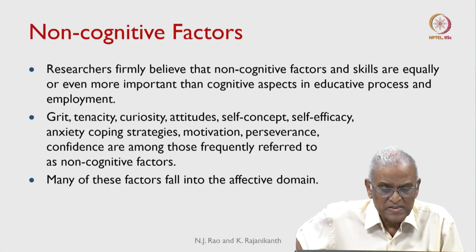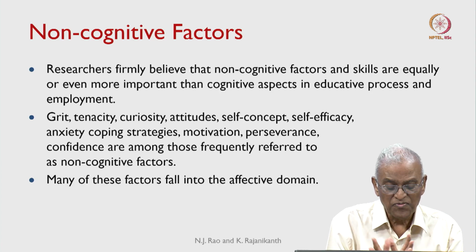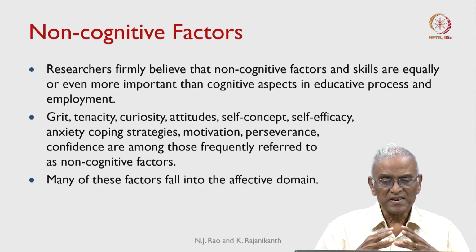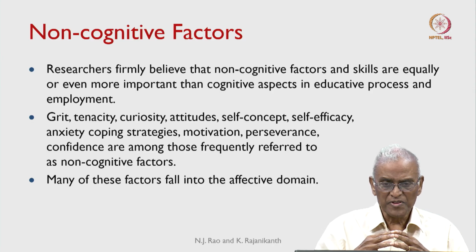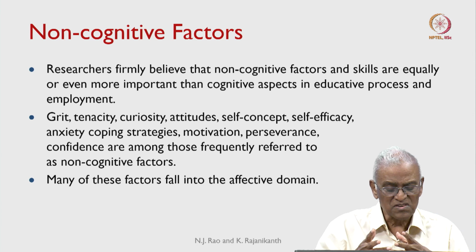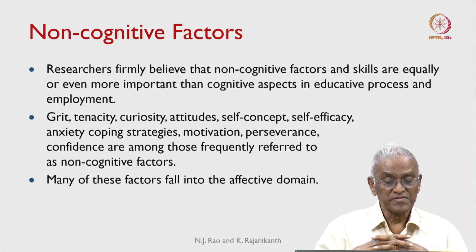They overlap considerably. We are not going into how to reduce that number, a lot of work has been done in trying to come up with that, some people have come up with 5 factors, some people have come up with 3, and so on. And many of these factors will fall into affective domain.